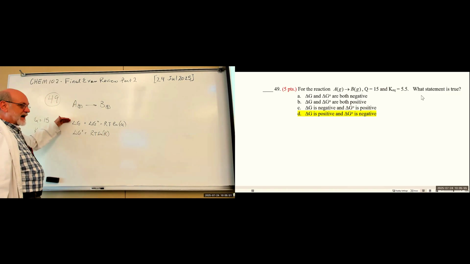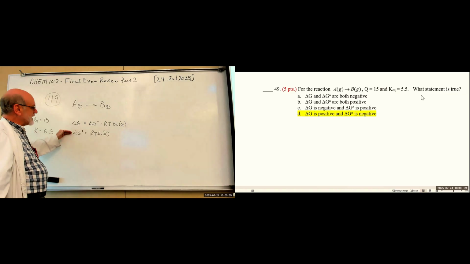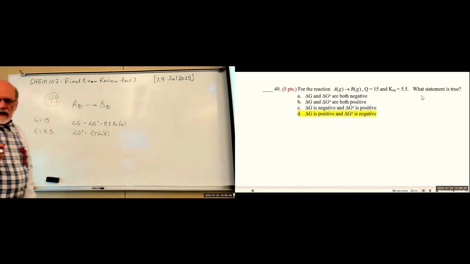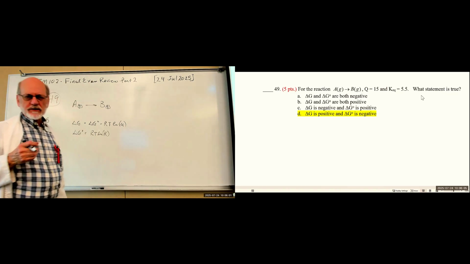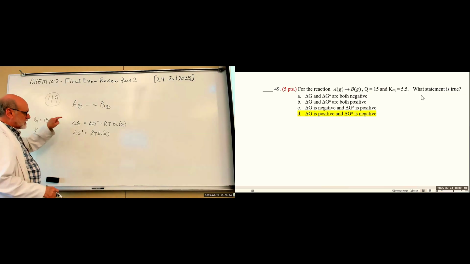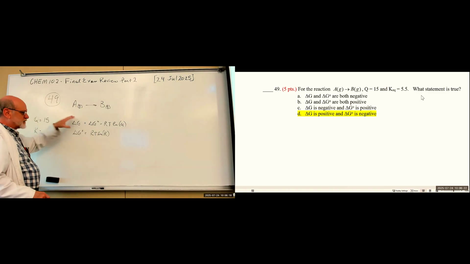This is anytime, preferably not at equilibrium, and this is at equilibrium. So if delta G is positive, delta G0 is positive or negative, or both positive or both negative. If this value here is negative, then the forward reaction is favored. If it's positive, the reverse reaction is favored.